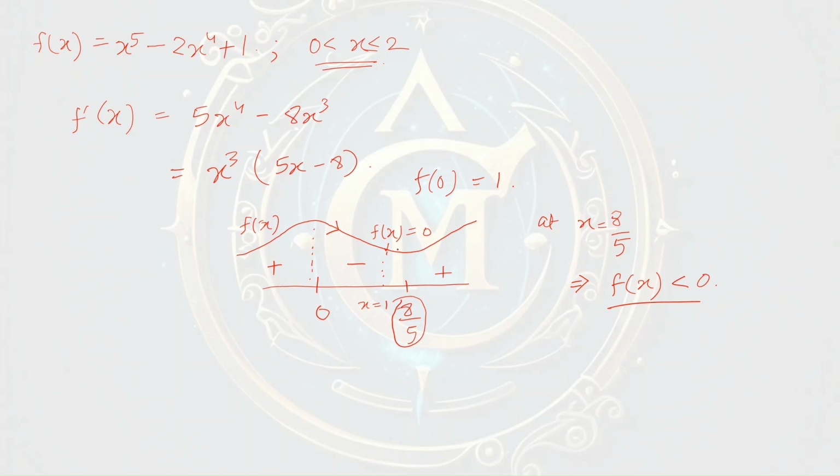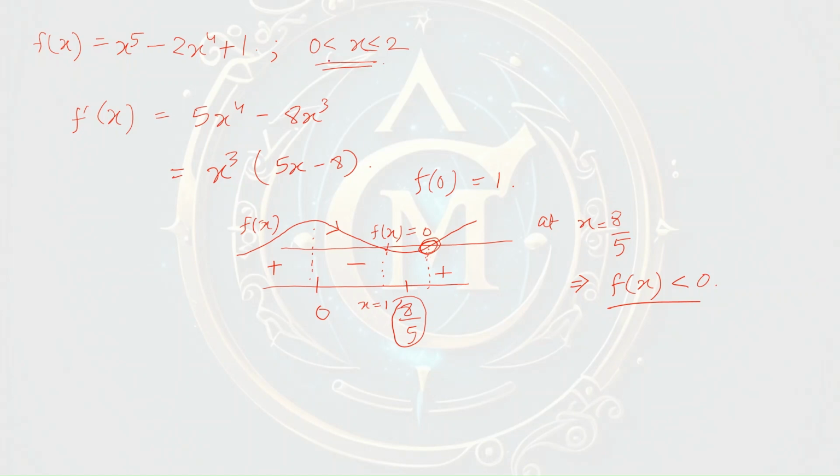Now we can clearly determine, if this is the x-axis, then at x equal to 1, the function crosses the x-axis. That means there is a root of this function. And after x equal to 8 by 5, when the function is monotonically increasing, there must be another root of f(x) somewhere here. So this is one of the other roots of f(x).